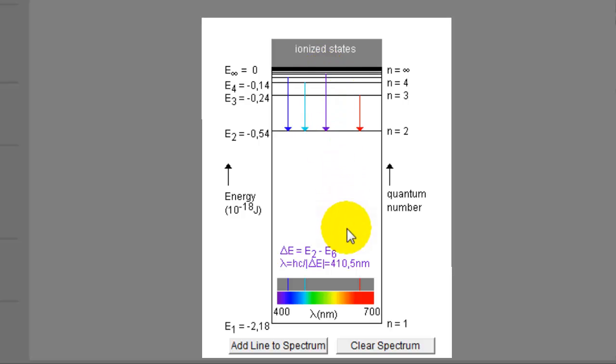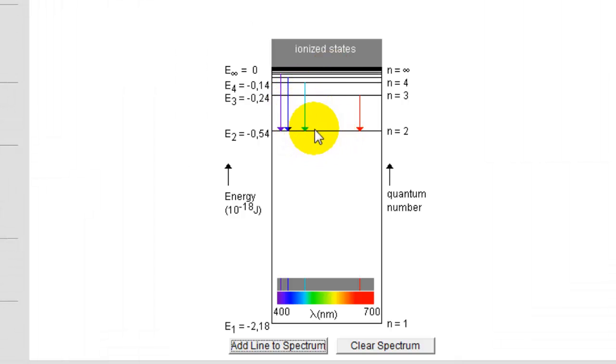So we see we have this line spectrum which corresponds to this series, which is basically all going n6 to n2, n5 to n2, n3, and down to n2. I could try another line which is higher, and this goes to 389, which is lower than this. I tried to add this to the spectrum, it doesn't accept it because this is not part of the visible spectrum.